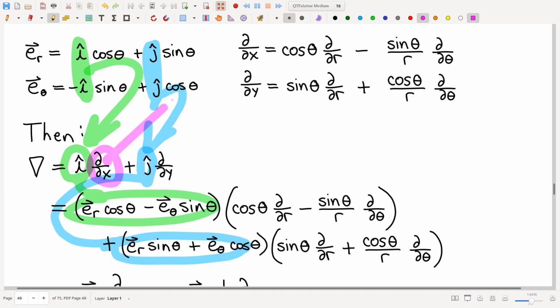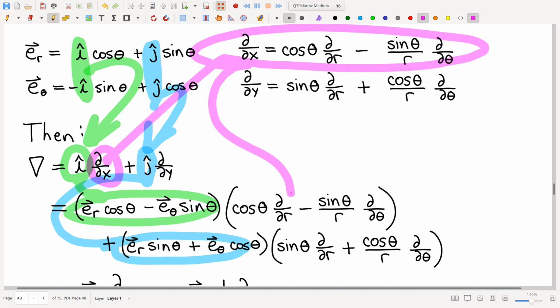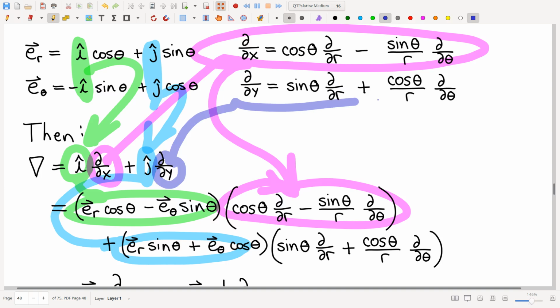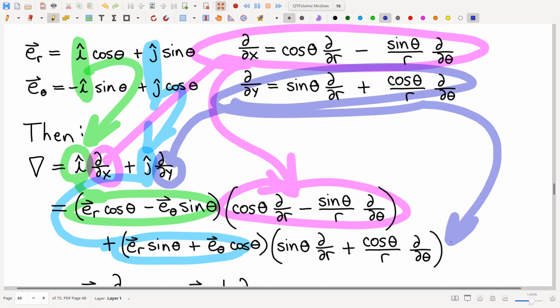Partial with respect to x we already have there, and partial with respect to y we have there. This is plugging in.